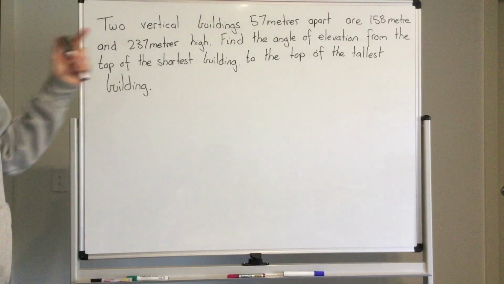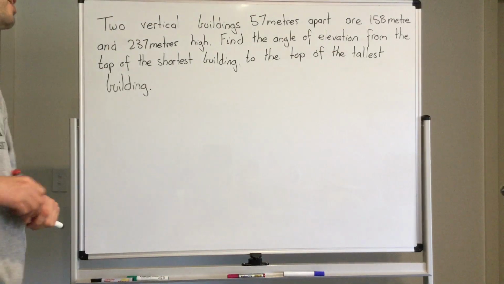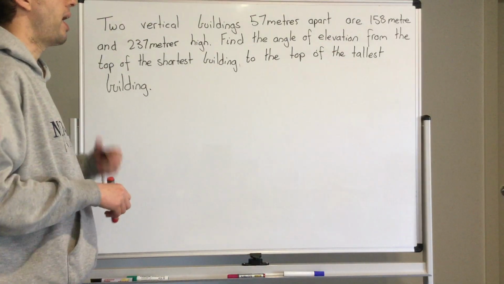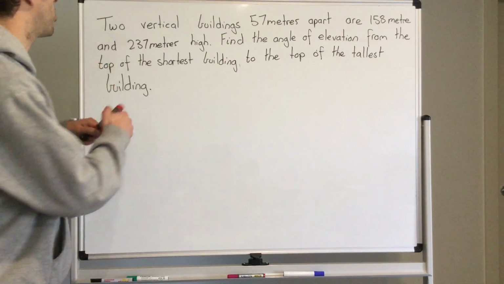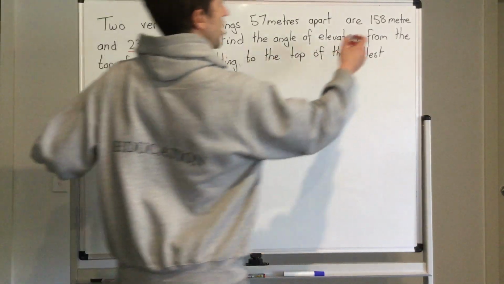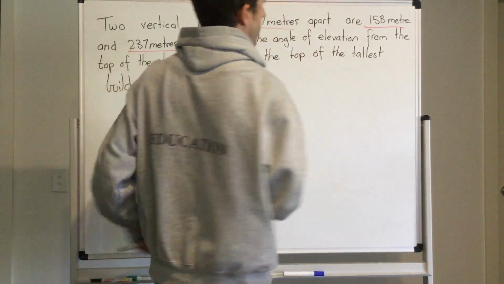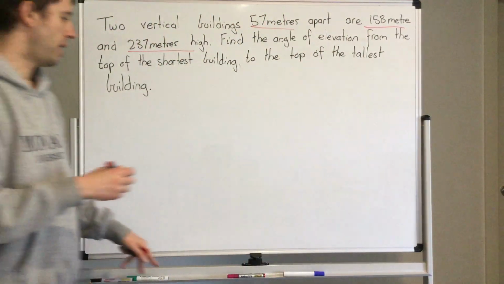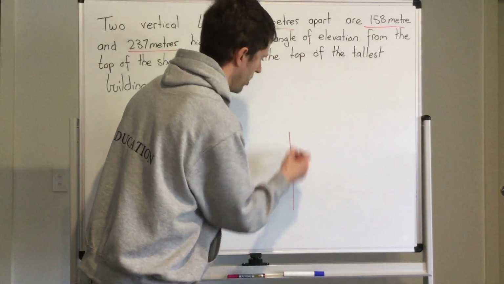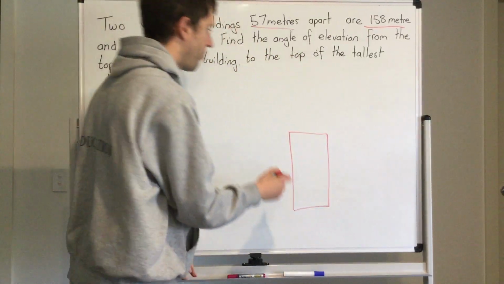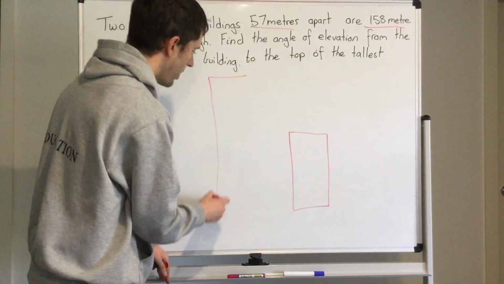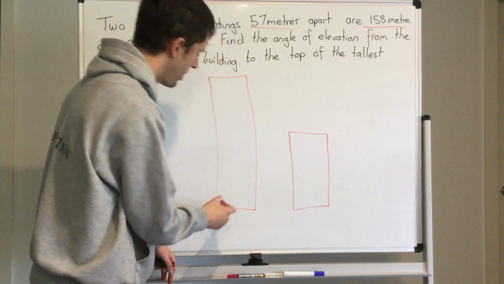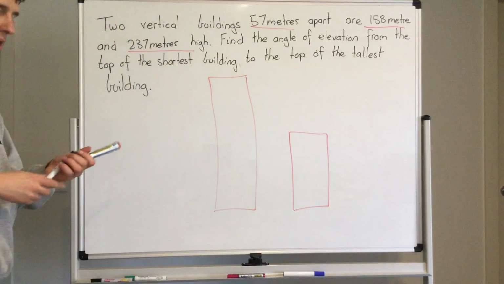Two vertical buildings, 57 meters apart, are 158 meters and 237 meters. So to start off, let's draw that picture. I have one building here, and I have a taller building over here. It's easy to see when we've got pictures.